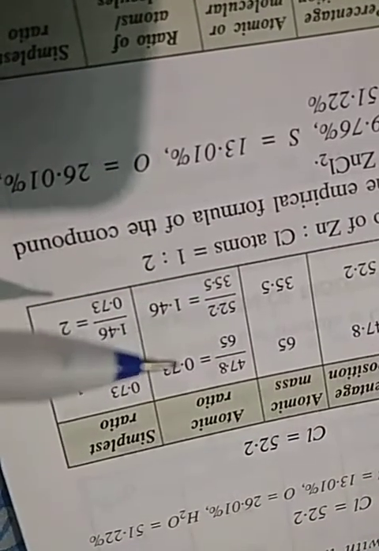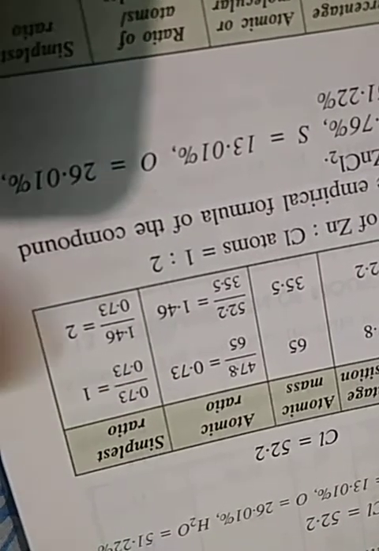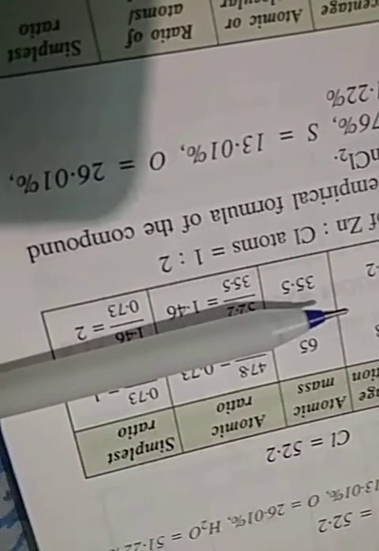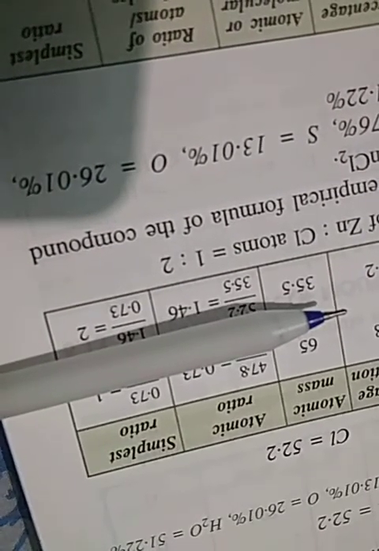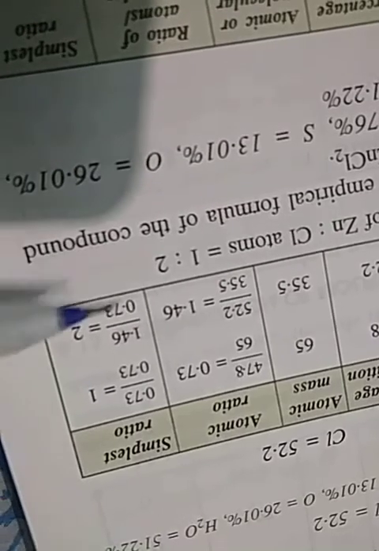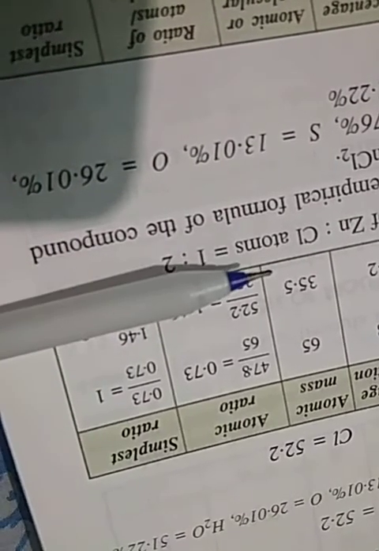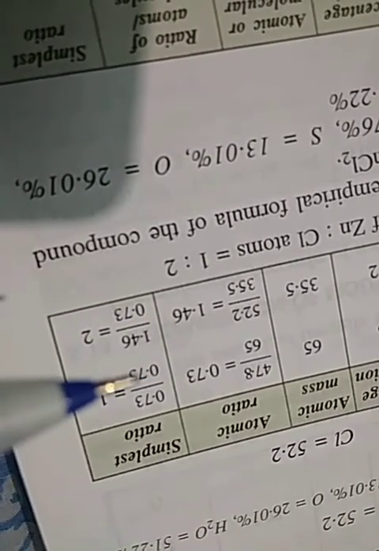Now you can see which one is smaller. This is smaller. So here, 0.73 was the smaller, and here it was 1.46. Divide both atomic ratios by 0.73. It will come 1, it will come 2.